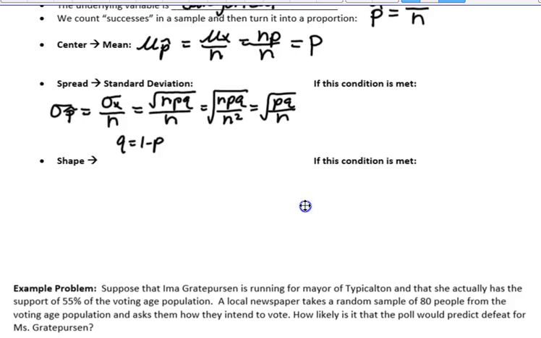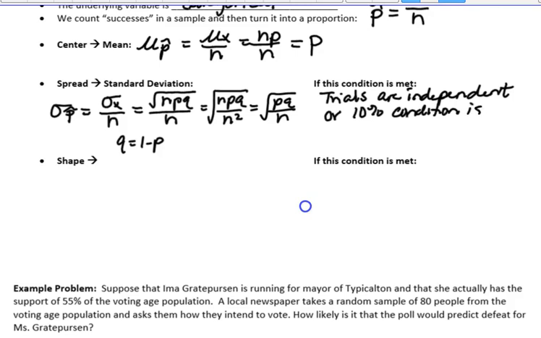And remember, the condition that has to be met for this to be true is that the trials are independent. So this standard deviation is based on probabilities, and probabilities assume that trials are independent, or that the 10% condition is met.